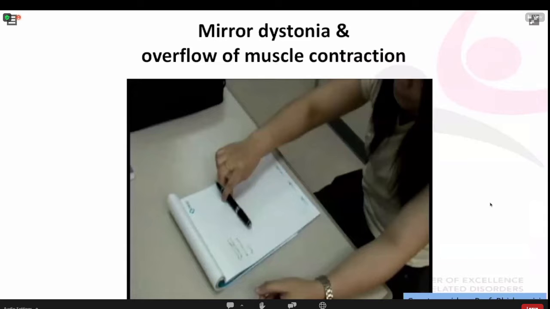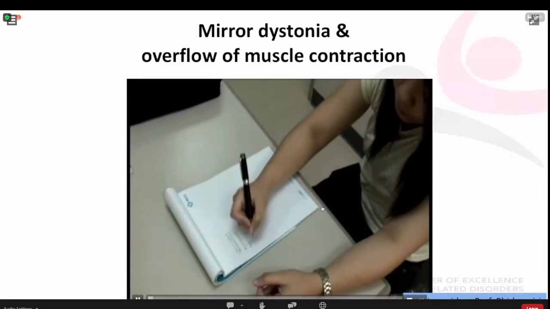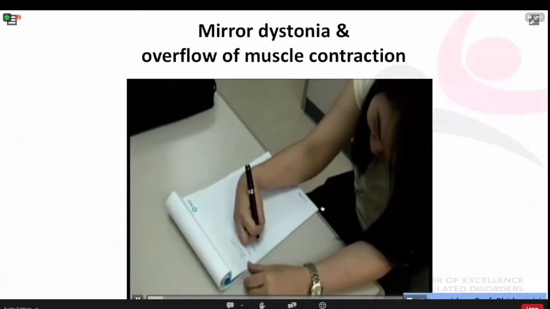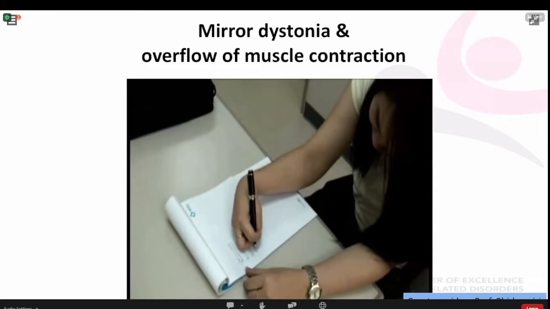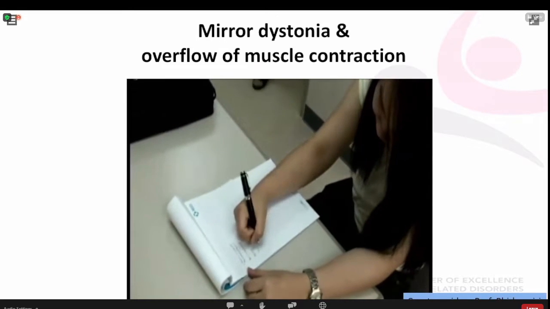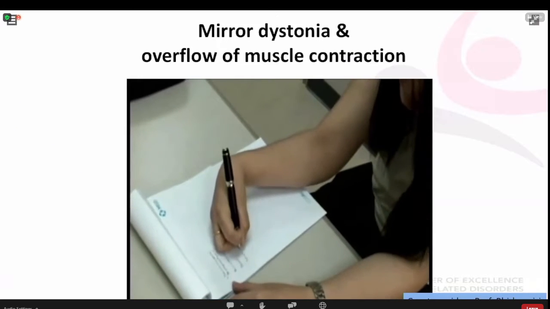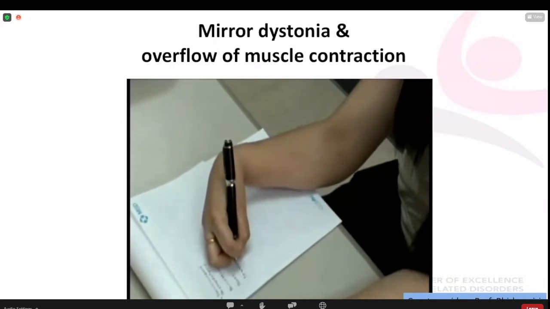And this one is an example of a writer's cramp patient, which is one of the task-specific dystonias. She didn't have any dystonic posture in any situation except when she started to write.